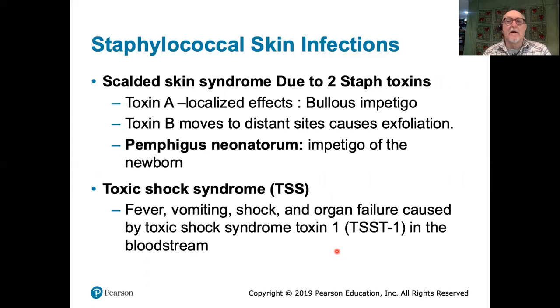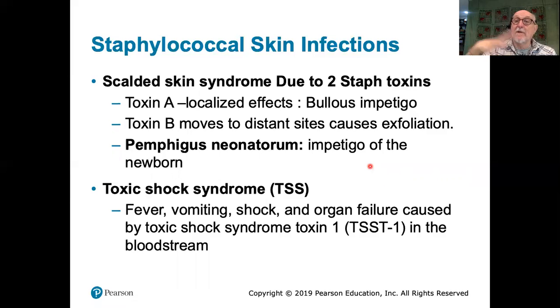Unfortunately, there are a group of Staph aureus which produce very, very virulent toxins. They have very powerful virulence factors. And the first of these is called toxin A, and it's a localized effect, and it causes exfoliation of the skin.